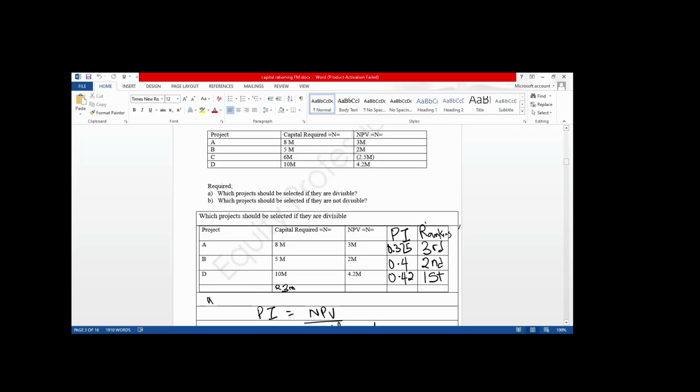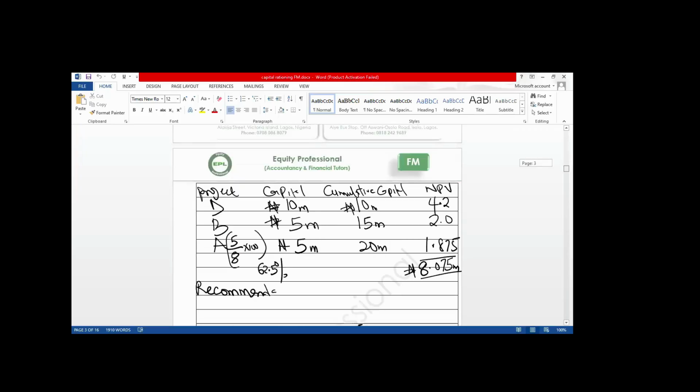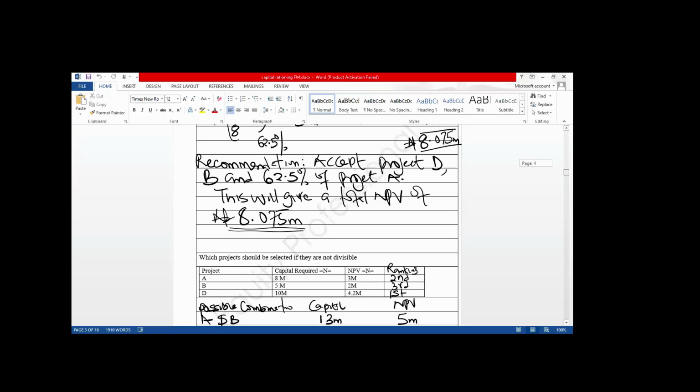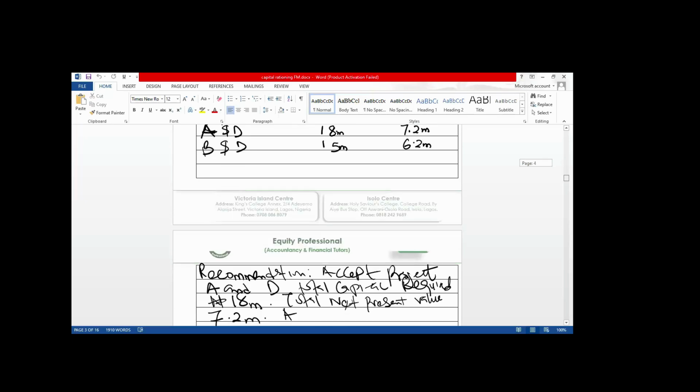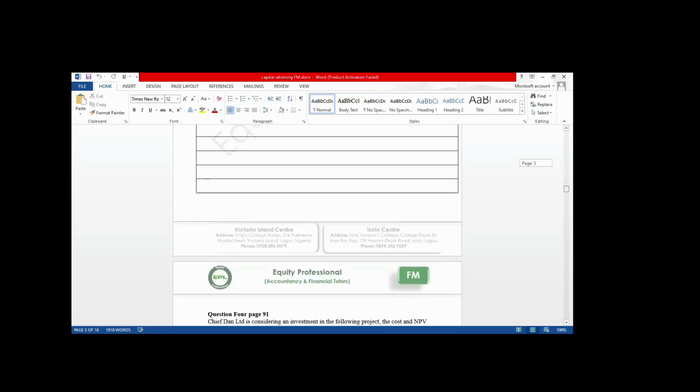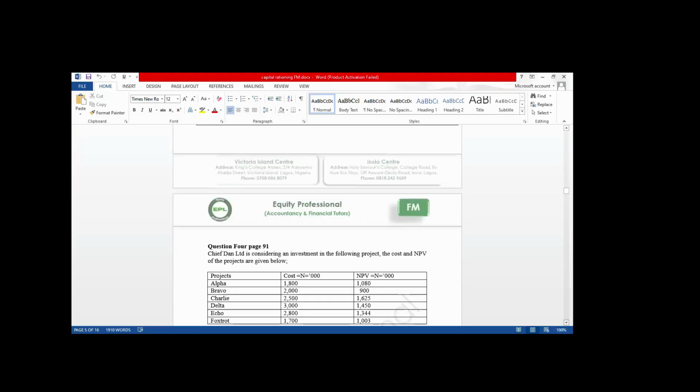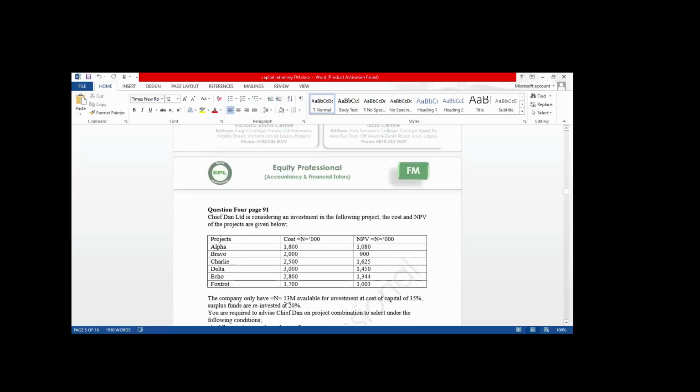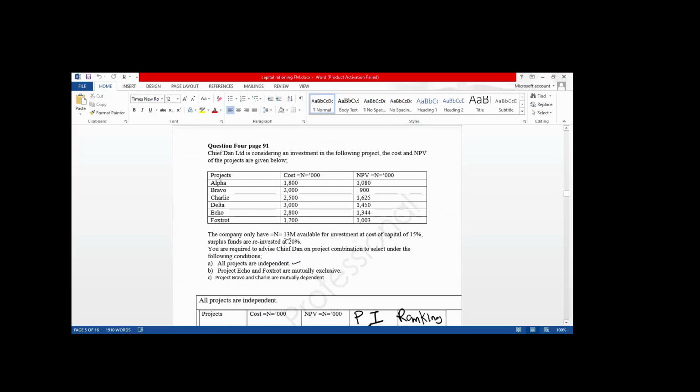For those that were in class last week, we were looking at this question, page 91. We have solved part A of the question. We have solved part B of the question with a promise to solve part C today.